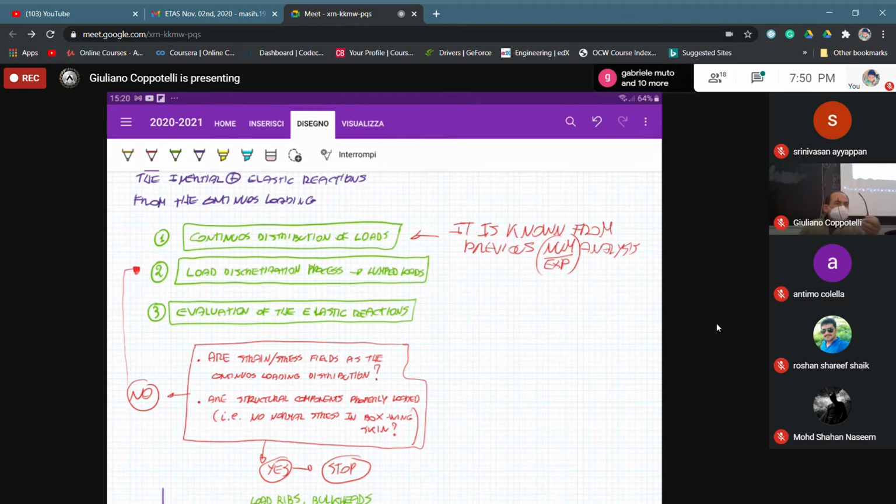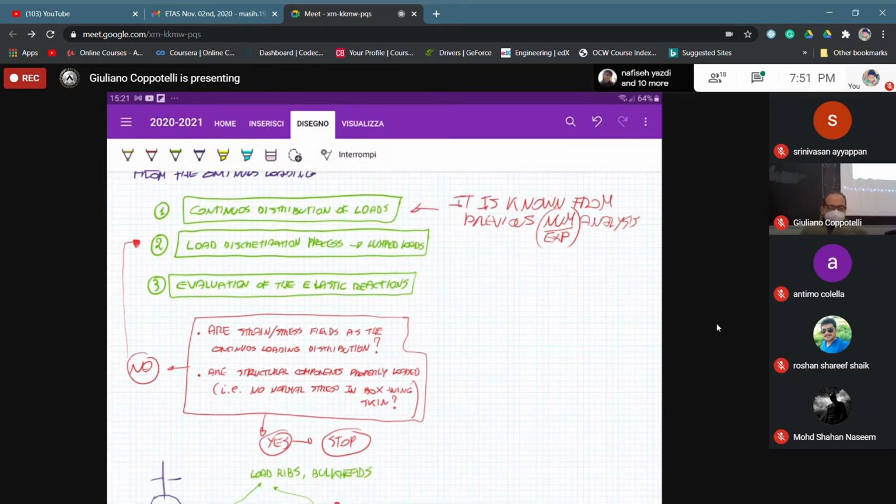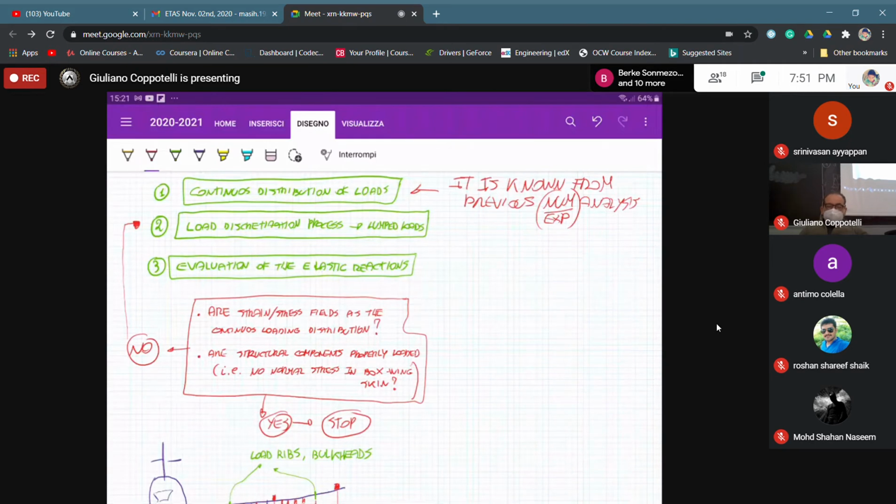What is the result? It is the corresponding elastic behavior. So what I wrote here is the strain and stress field, or the evaluation that some components or some parts are properly excited. At the very first time it will not be the case, so you have to iterate sometimes in order to find the right values of the loadings and the positions. That is only numerically done.